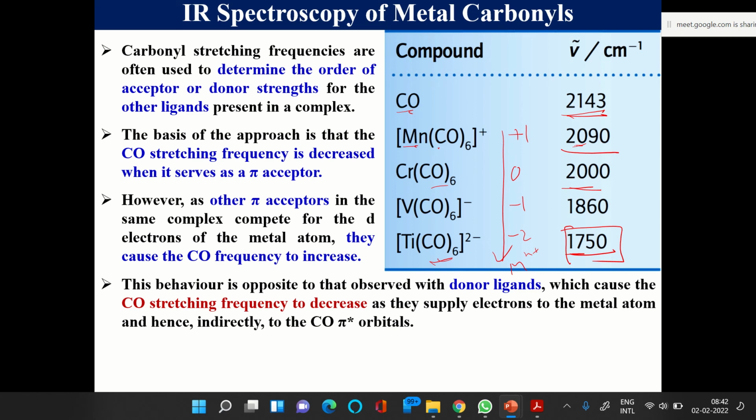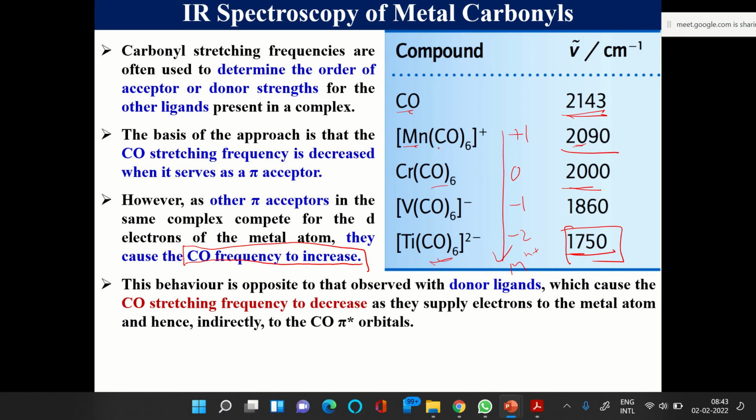So what happens in the competition is that if the other ligand is able to take up that electron density, then the CO frequency is going to increase. It did not let the bond become as weak as it could have been. Earlier the electron cloud was going too much towards CO. Now, because there is a competition, with another pi acceptor ligand on the other side, it will try to have that share of electrons from the pi system.